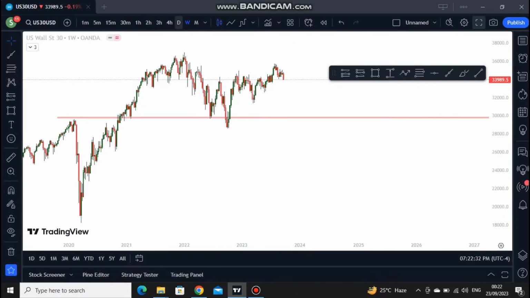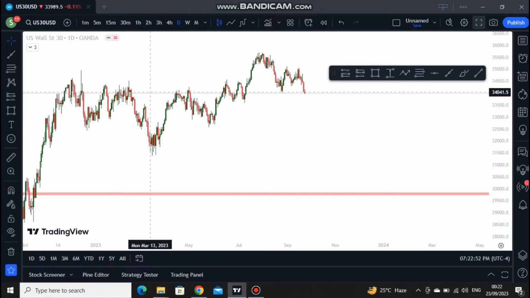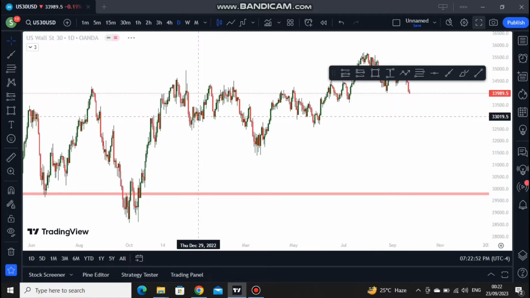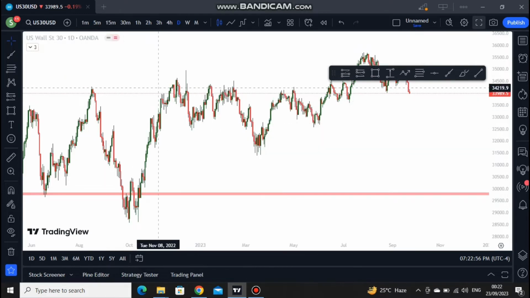So I don't come to the weekly to analyze anything, or if you want to, you can just come to the weekly and take a look at the weekly candle and see what it's doing. So right now I'm going to go to the daily time frame. As I said earlier, I want to see what is happening on the daily.